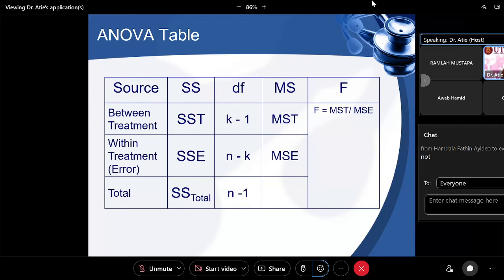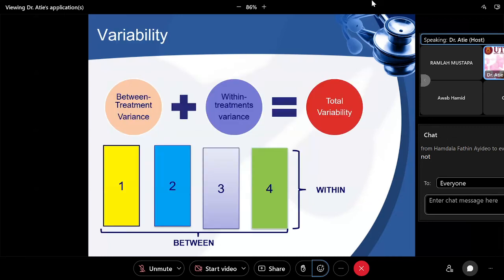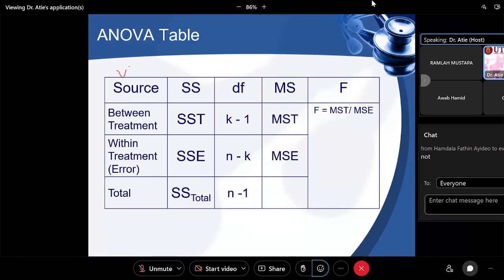You need to understand where the numbers come from, and how to read them from your SPSS output. Very important. Remember this is the source of variation.